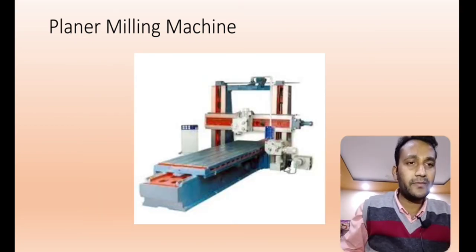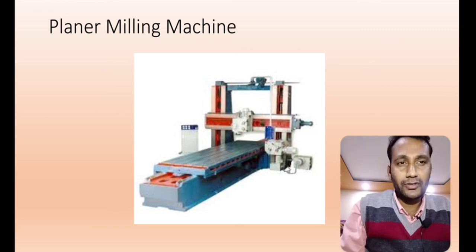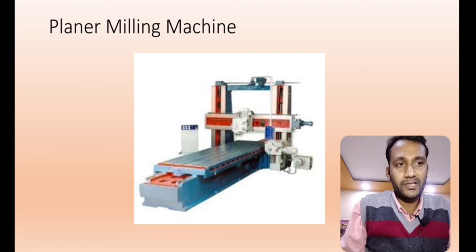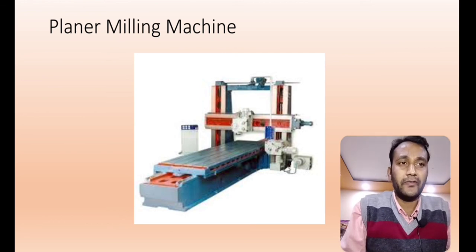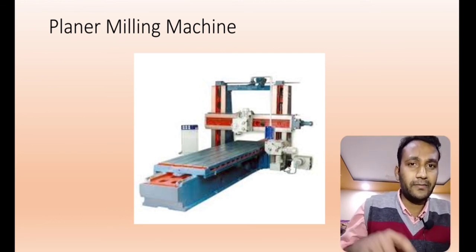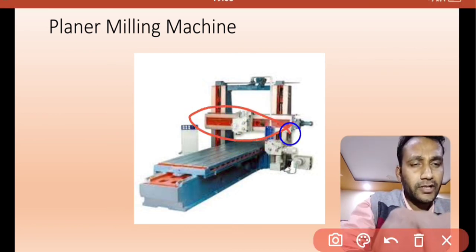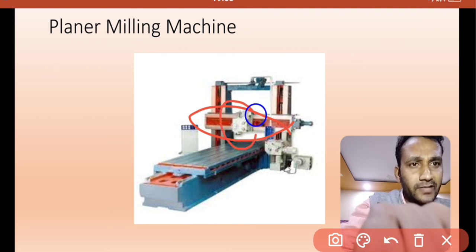Next is the planer milling machine. I have already uploaded a video of the planer milling machine. Basically a planer milling machine is just like a planer, and it is used for very heavy workpieces. In the planer milling machine you can see this is the cross arm, and over the cross arm this head is mounted.